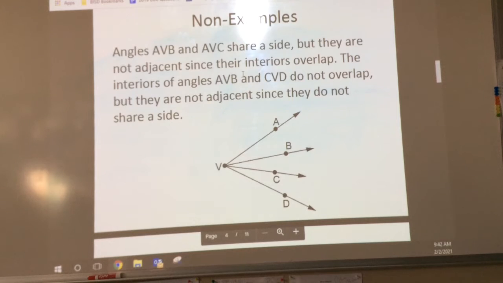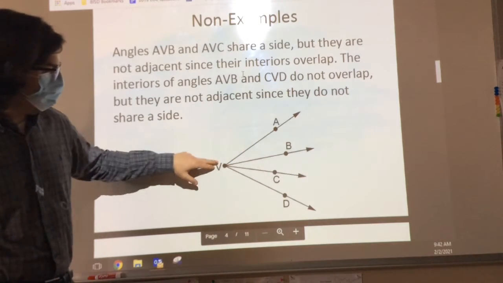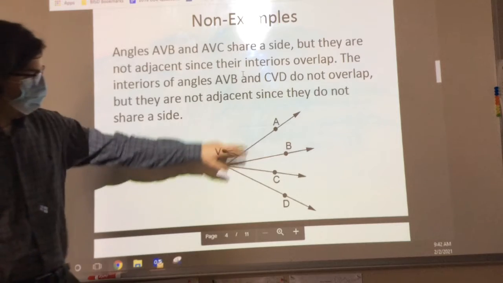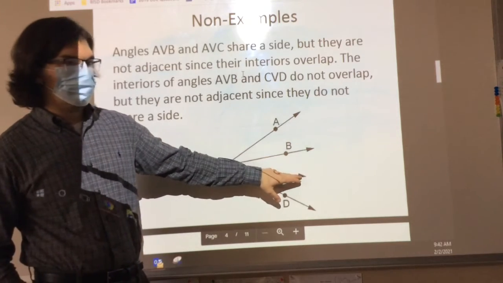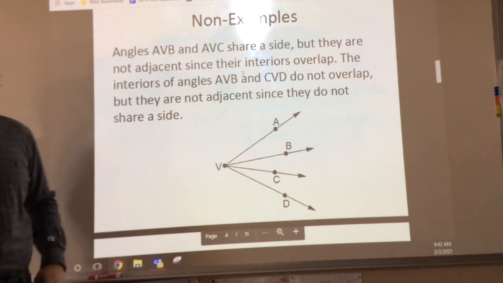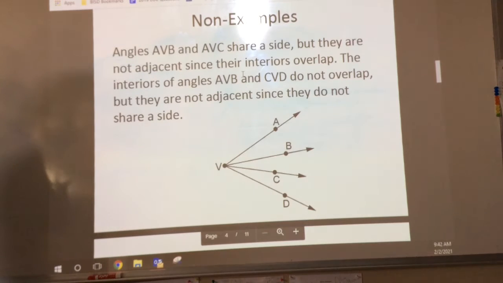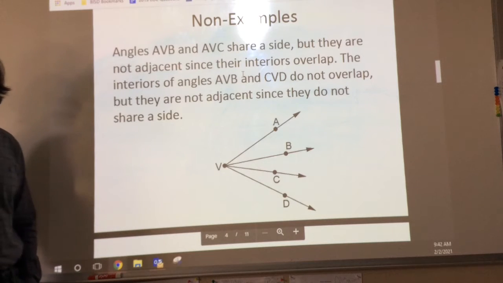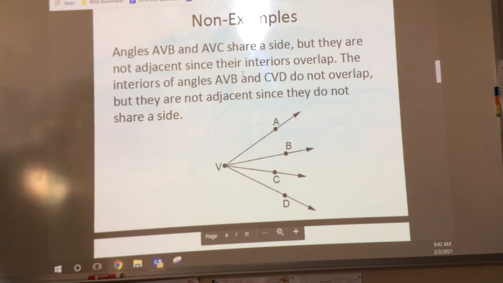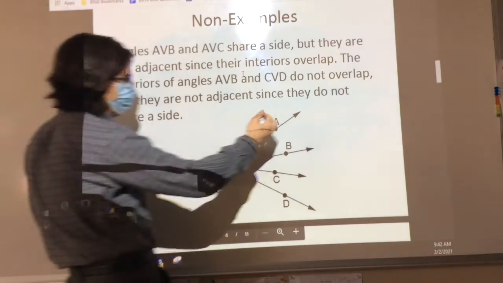So now we have some non-examples, or non-adjacent angles. So we've got AVB and AVC, but these are not adjacent. Can anybody tell me why they're not adjacent? Isaac? Sorry, you're stretching. I thought you were raising your hand. Let me highlight them for you.